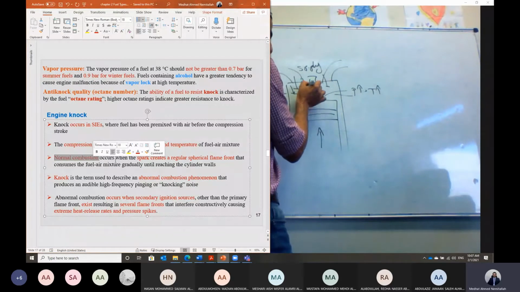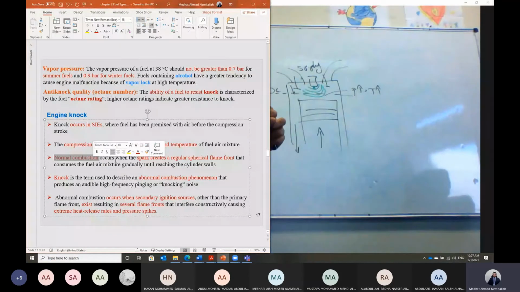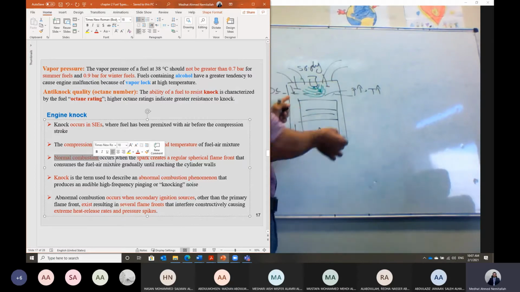We have the spark plug here, so a spherical flame will start to spread inside this cylinder. The gases will be expanded beside the spark plug, and a pressure wave will be transferred through the whole cylinder until all of the fuel plus air is consumed, and the spherical flame has approached the whole cylinder and completed the combustion. In this case, guys, we call it the normal combustion.